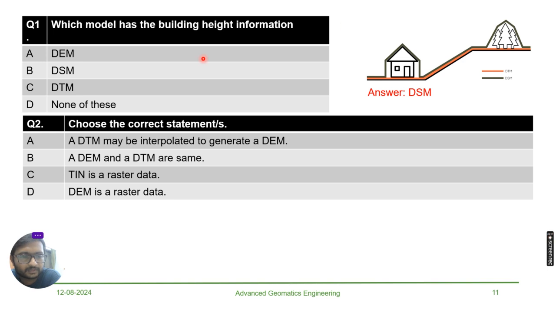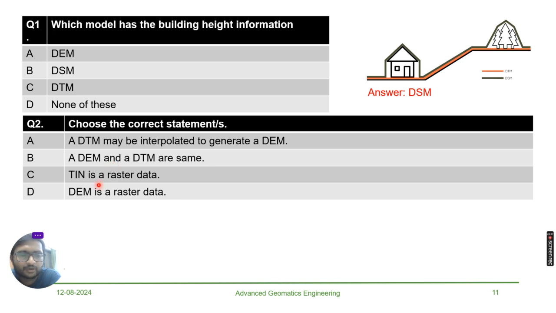If you have a DTM, you can generate the DEM out of it, but if you have a DEM, you cannot generate the DTM. Some extra features are present in the DEM which are not in the DTM. So almost they are same, but a little bit of difference is there. That's why we are going to remove the second statement.